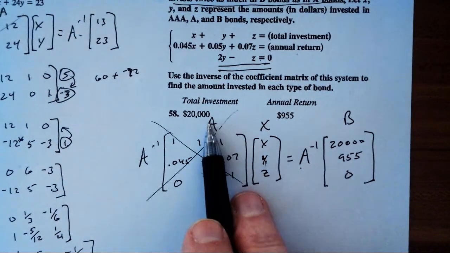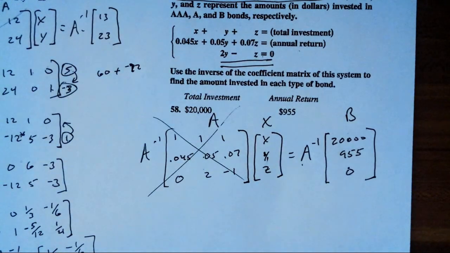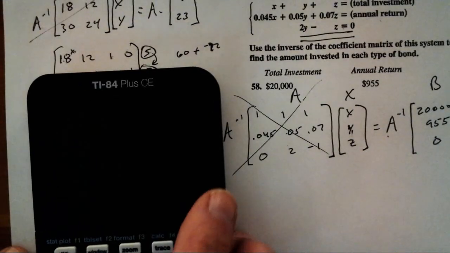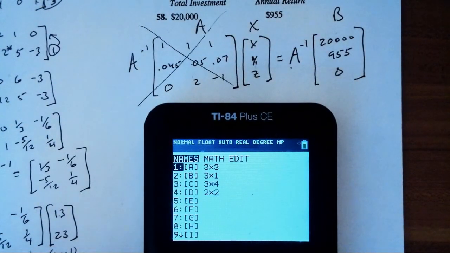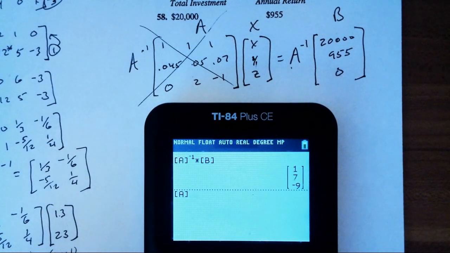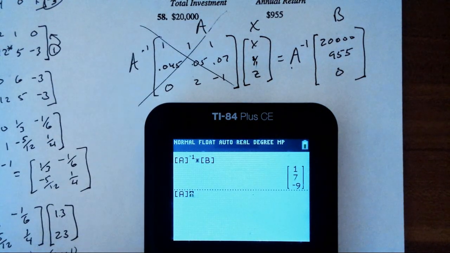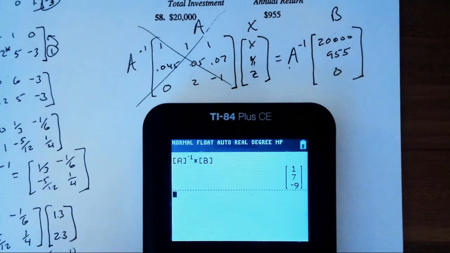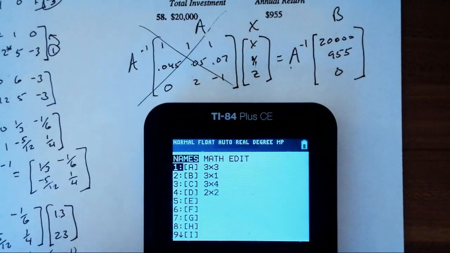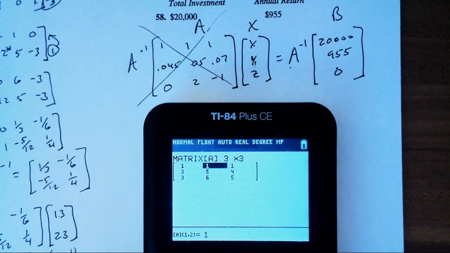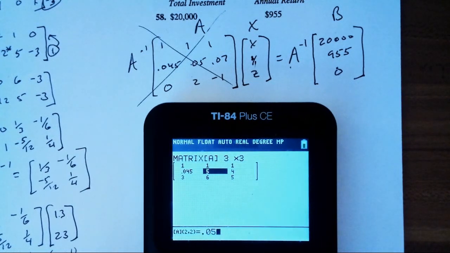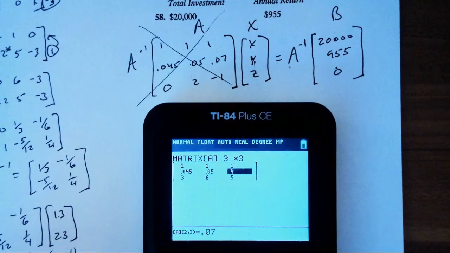Let's enter these as A and B in our calculators now. A is already in a 3x3, B is already in a 3x1. We just have to edit those. Three by three. I like the 1, the 1, the 1. 0.045, 0.05, 0.07.